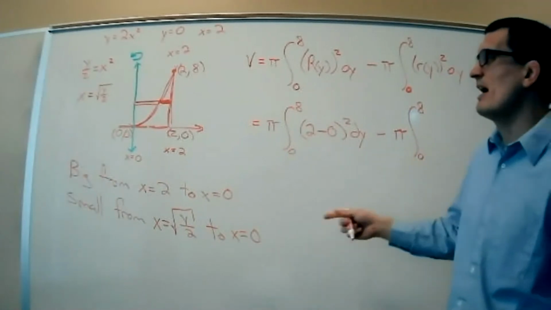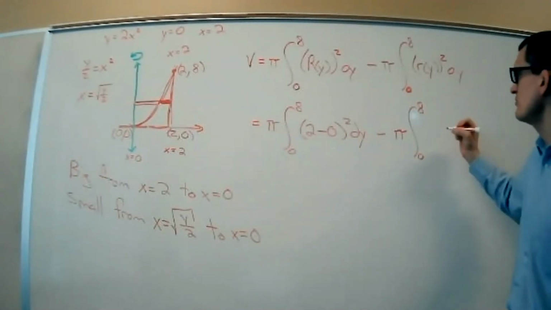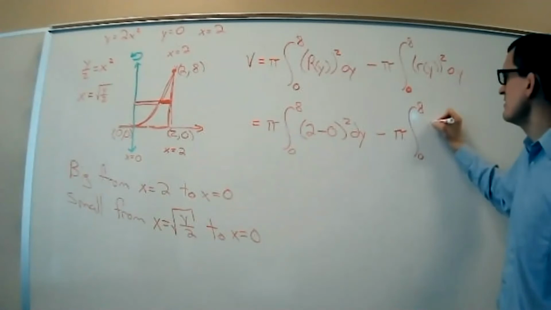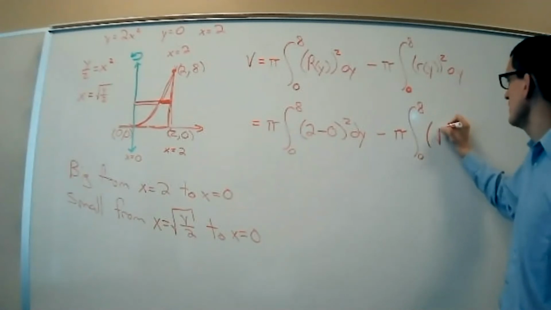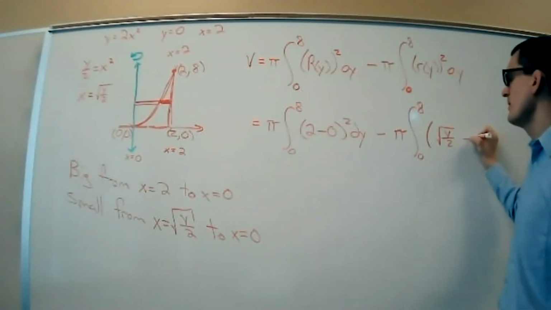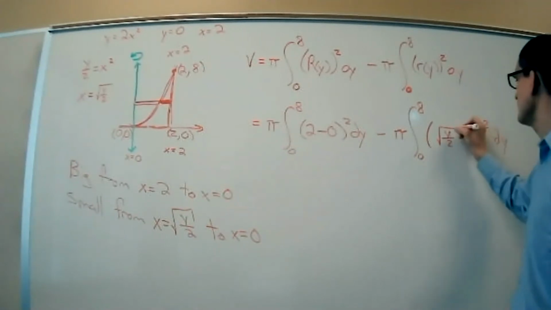Integrate with respect to y and have space in between. So that's a difficult one there. But we can still do it. So take square root y over 2 down to 0 squared dy.